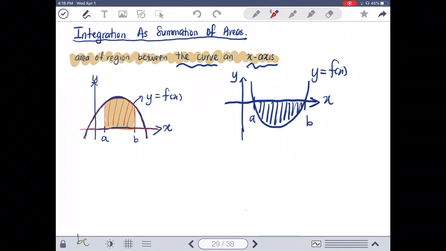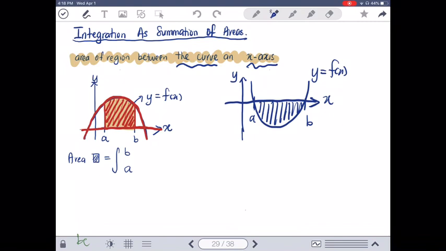Suppose that we have a curve, and this is your x-axis. If you want to find the area of the shaded region, the area of the shaded region is just equal to the integration from a to b of the function y with respect to x.